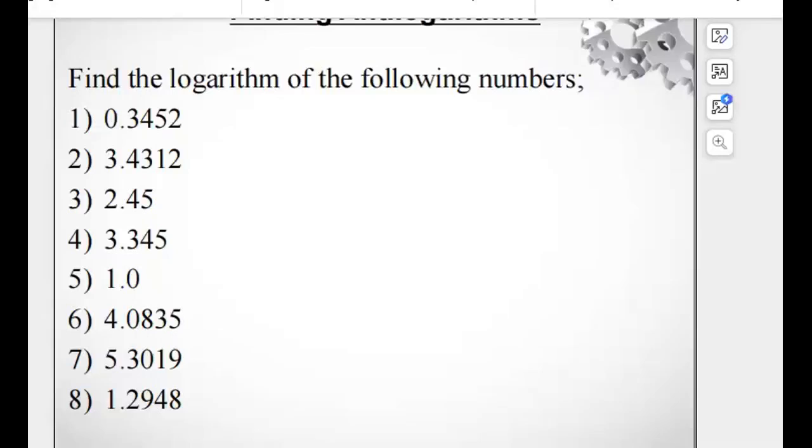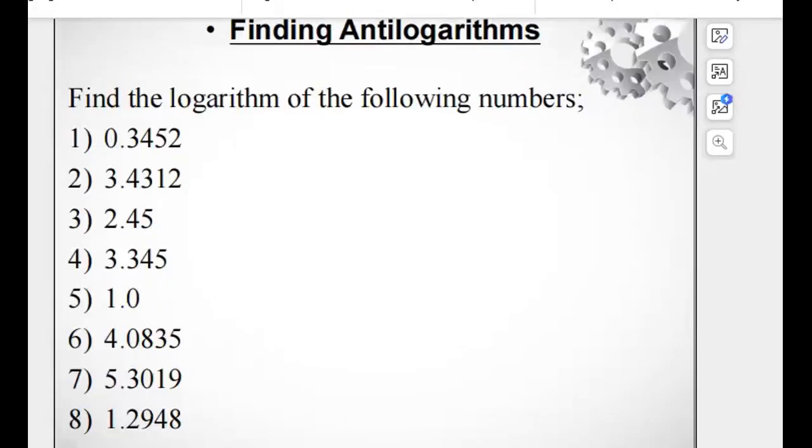Now let's solve from here. I'm going to solve just number 6 and number 7, while you try the rest.